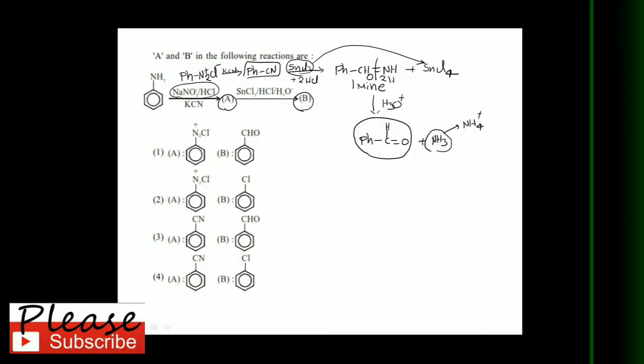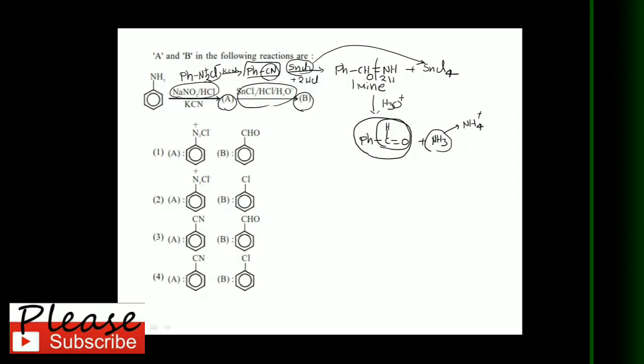It involves a diazotization, and the reaction with KCN is a Sandmeyer reaction, and next it is a Stephen reduction. The replacement of the diazonium group by the CN is known as a Sandmeyer reaction, and this is the Stephen reduction. In Stephen reduction, cyanides are converted to aldehydes.